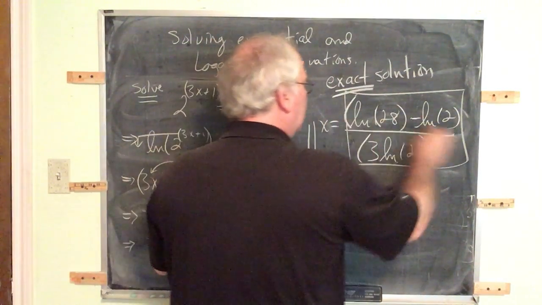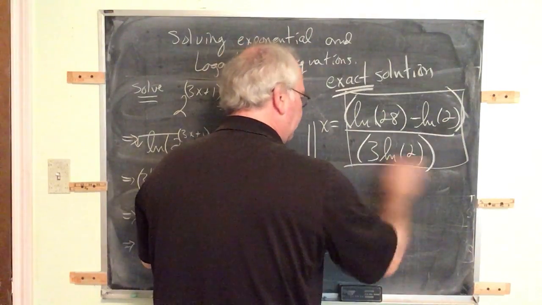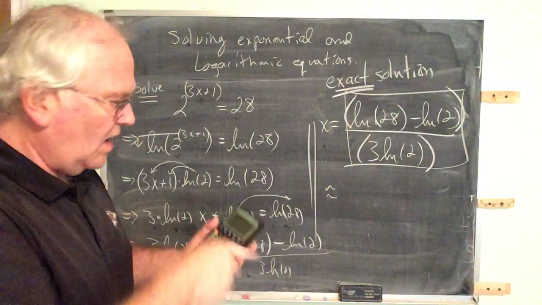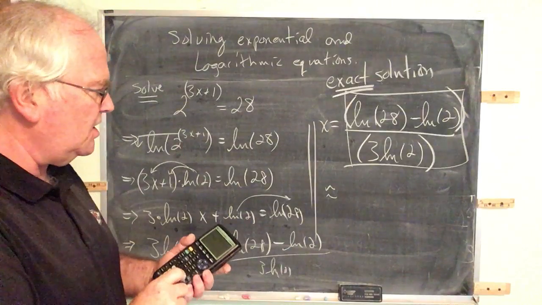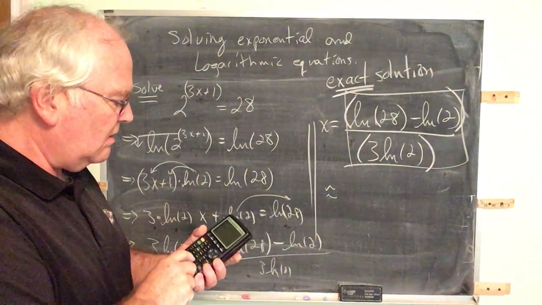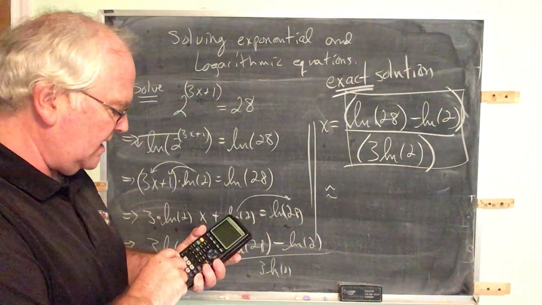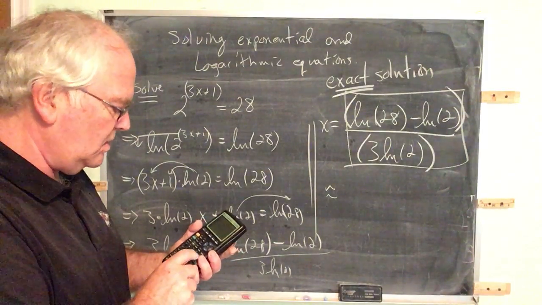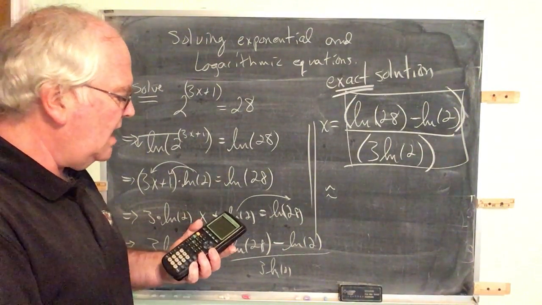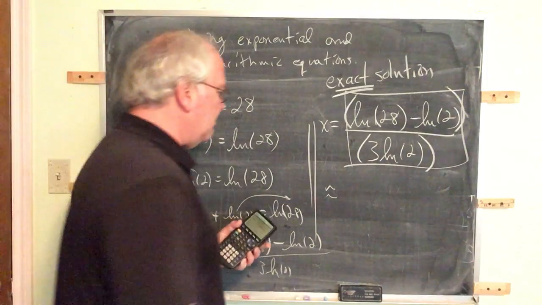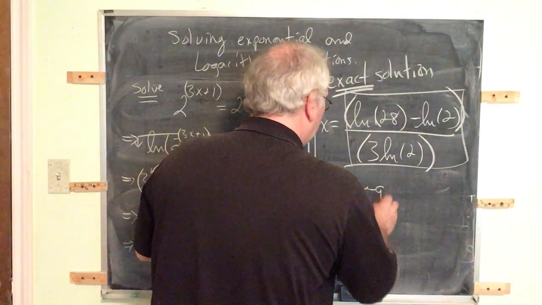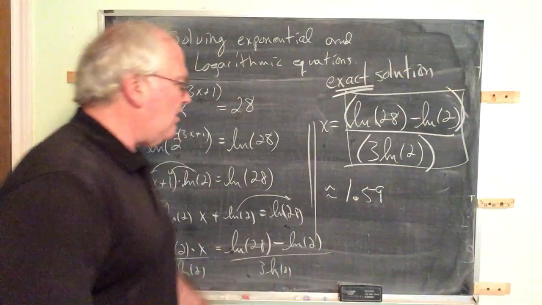Really the simplest thing, everything here is in parentheses, everything here is in parentheses. Otherwise, the order of operations is going to snare you in a way that you didn't expect. So open 3 times natural log of 2, close, and I have 1.59 approximately, and that's going to be close enough for our work.